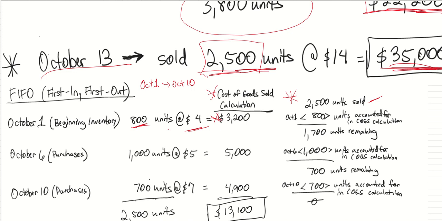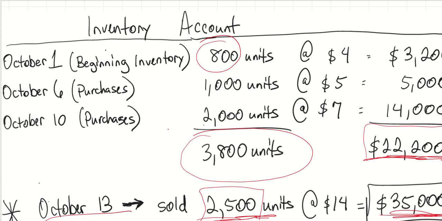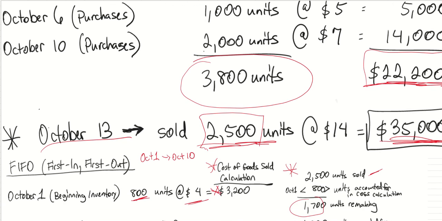That gives me 1,700 units remaining that need to be included in the cost of goods sold calculation. Okay, so what I can do here is draw a line through the October 1st batch of inventory, because this batch is included in the cost of goods sold calculation.